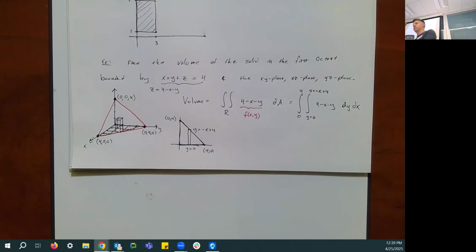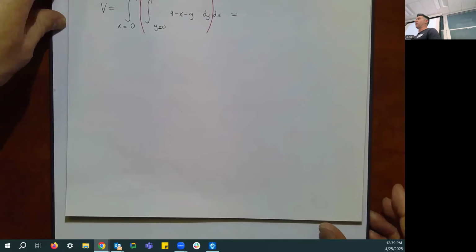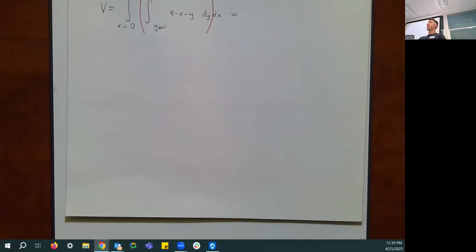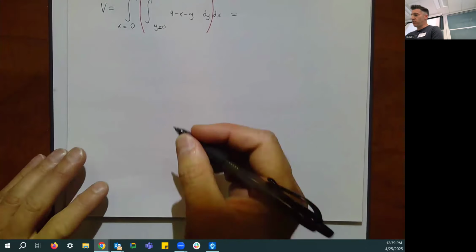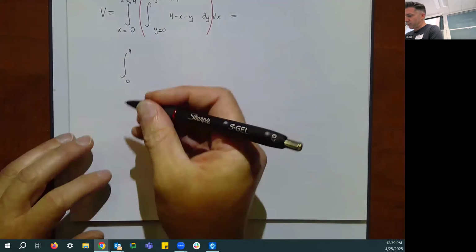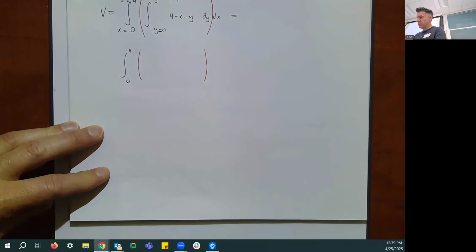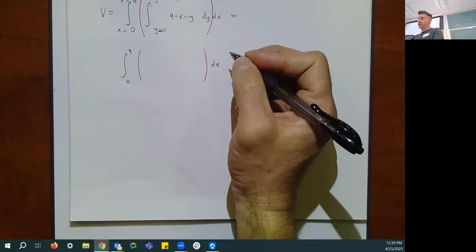So then we remember that we are anti-differentiating with respect to y. So anything that's a constant, its antiderivative is going to be that constant times y. So when we do this inner step here, yeah, I like these parentheses. I know I said I didn't like it, but I might have been lying to myself.